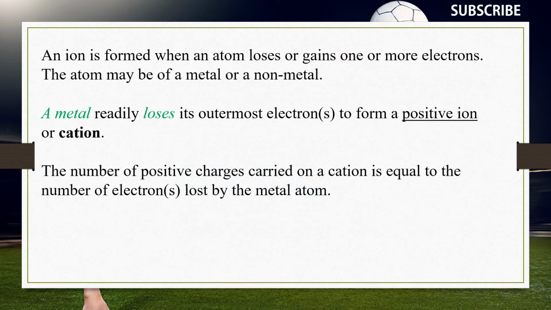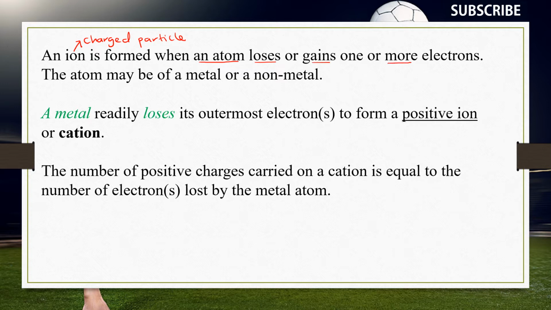We have seen that an atom is a neutral particle. In the same line, we can say that an ion is a charged particle, one that does not have 0 charge. So how is it formed? It's basically formed when an atom, which is a neutral particle, loses or gains 1 or more electrons.